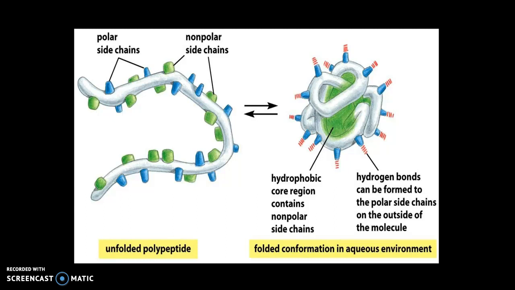So, sickle cell anemia, for instance, is just one hydrophobic amino acid. It's a single base pair substitution that exchanged a glutamic acid for a valine. So it was a charged amino acid, and now it's a non-polar amino acid. But because it was charged, it was on the outside of the protein, and so now you've got this hydrophobic amino acid on the outside of that protein.